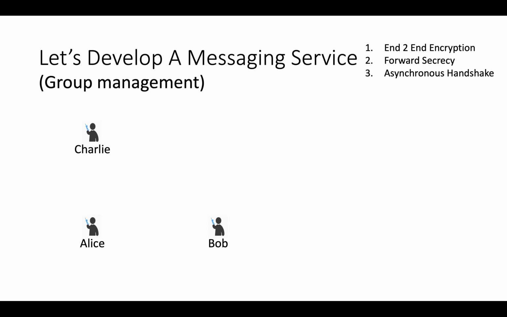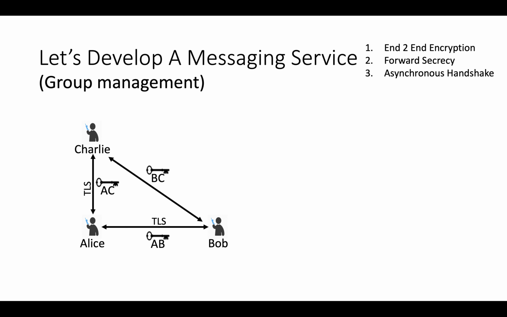Alice establishes a TLS connection between A and B and derives a key called AB. Alice establishes a TLS connection between A and C and derives a key called AC. Bob establishes a TLS connection between B and C and derives a key called BC. Remember that all connections happen via the server. Just to keep the diagram simple, we are hiding the server.